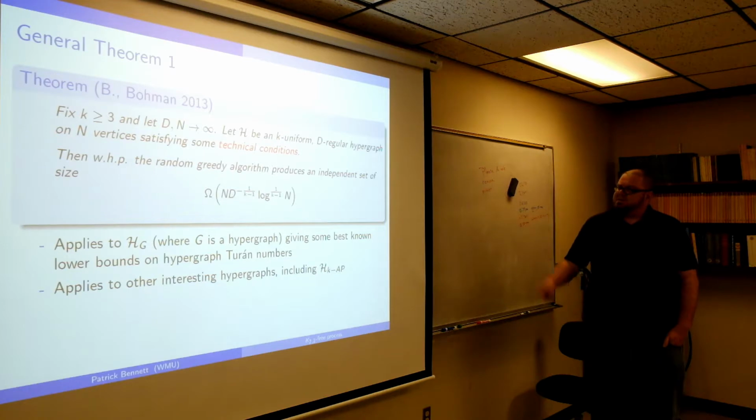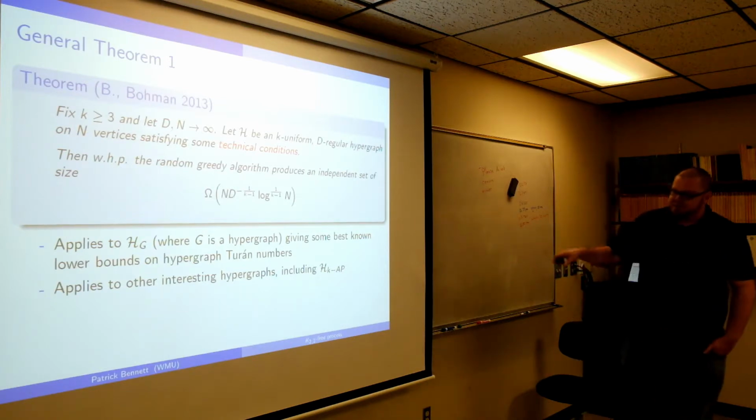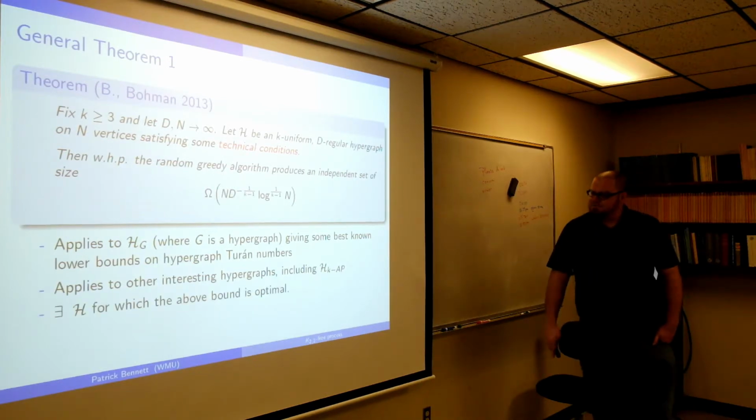So it also applies to other interesting hypergraphs, including the hypergraph that I told you about, k-term arithmetic progressions, where the edges are k-term arithmetic progressions. And so the following is, for most hypergraphs, this isn't the actual independence number.